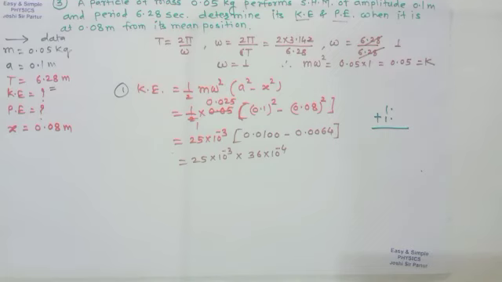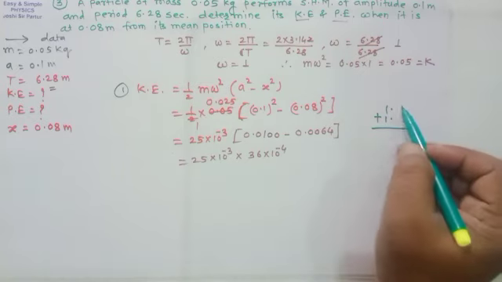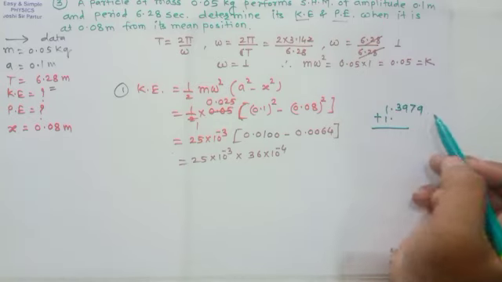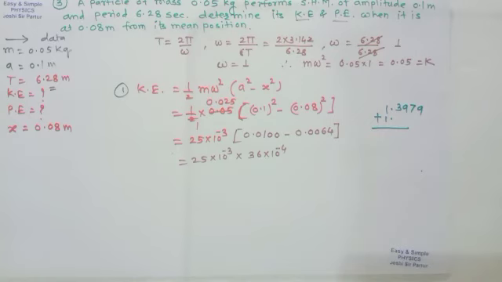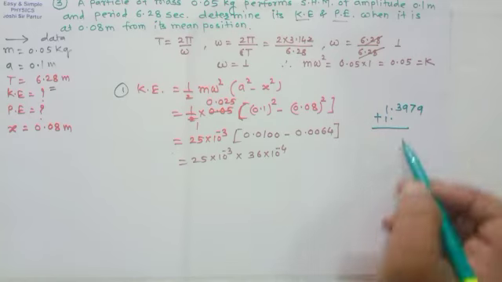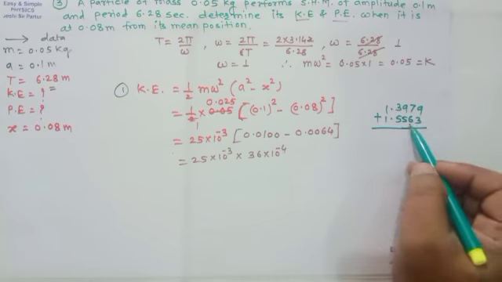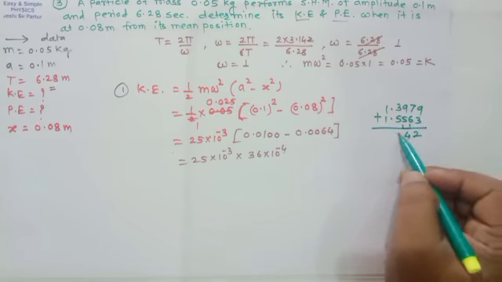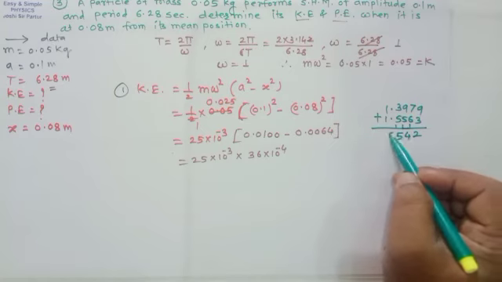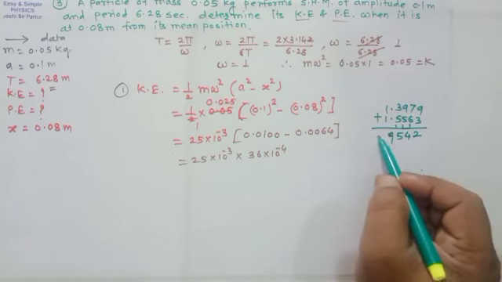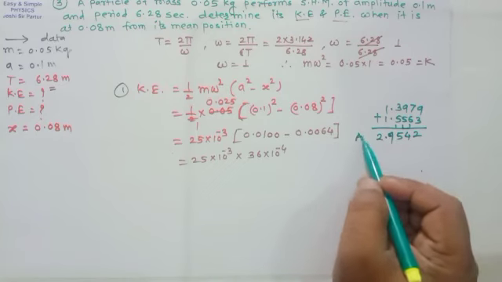So 25 is 0.3979. 36 is 0.5563. By adding, 12, 14, 15, 9, we get 2 point. Take its antilog.